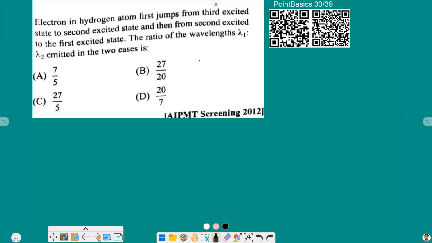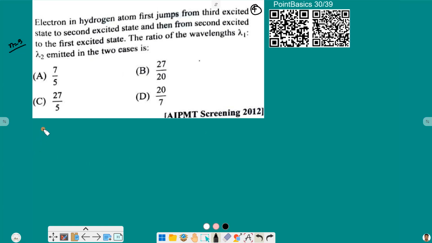Moving ahead. Electron in hydrogen atom first jumps from the third excited state to the second excited state. So third excited state means n is equal to 4, and second excited state is n is equal to 3. And then from the second excited to the first excited state, the ratio of wavelengths. So how we can do?